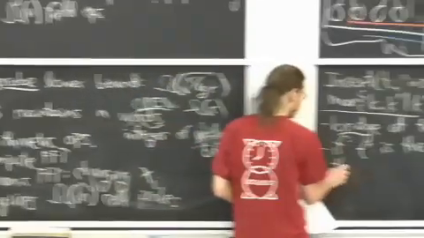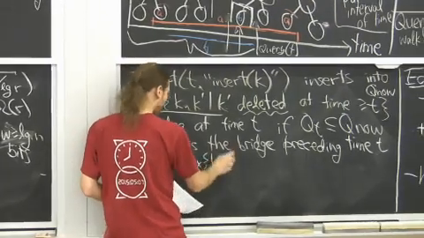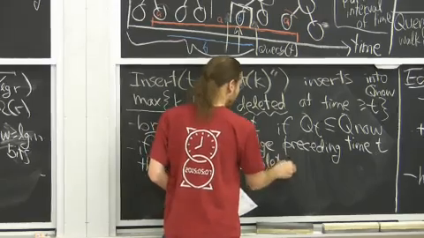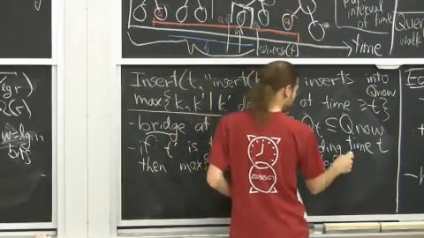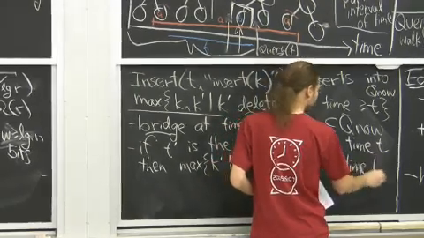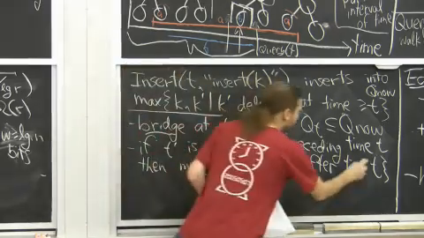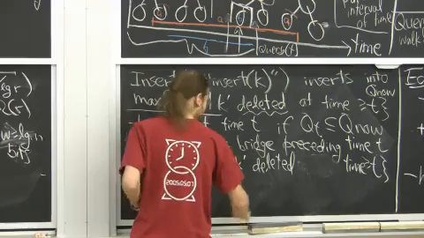Then what I want to know is this max of k prime, where k prime is deleted at time greater or equal to t. I should say greater or equal to t instead of after, a little more precise.